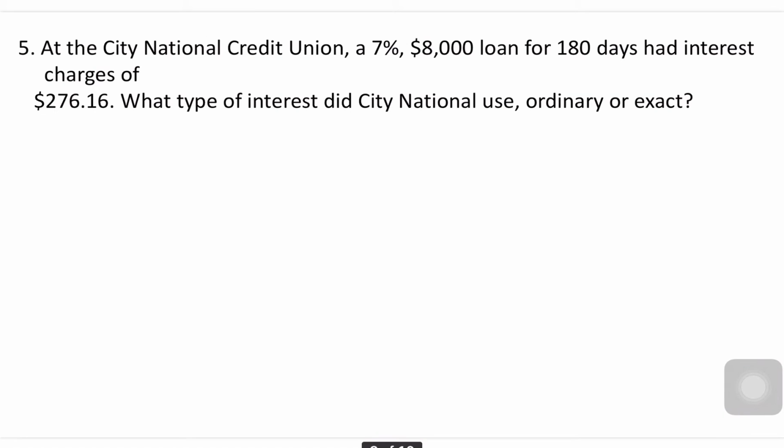Okay, number 5, last. At the City National Credit Union, at 7%, this is now our R, 0.07 after dividing by 100%. The $8,000 loan, so that is our P, for 180 days had interest charges of this amount.